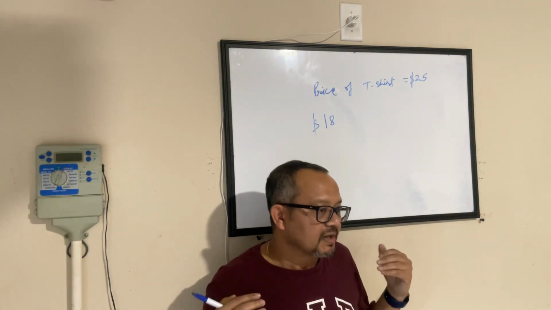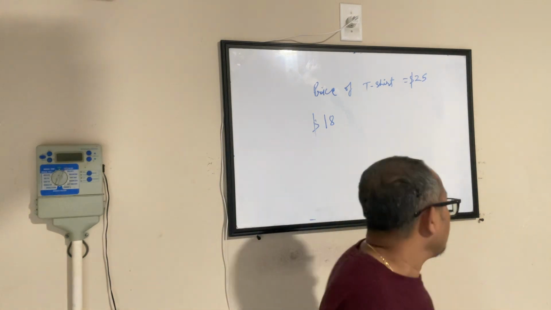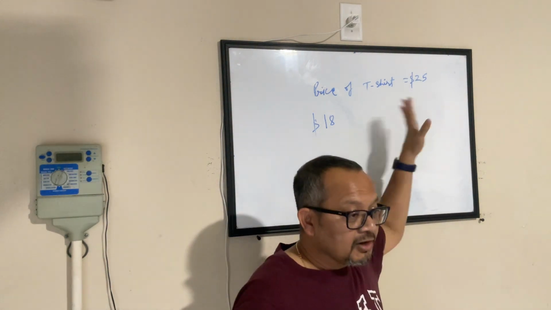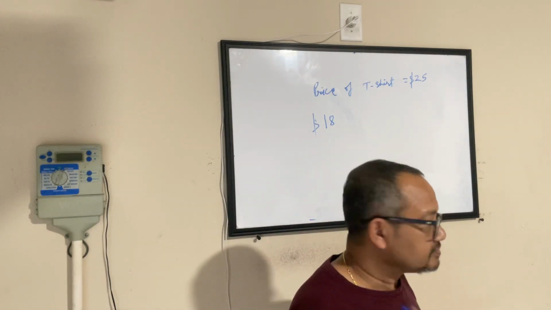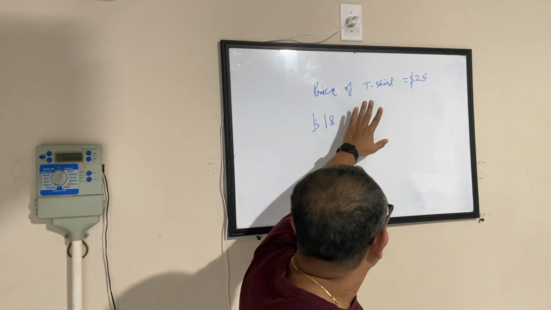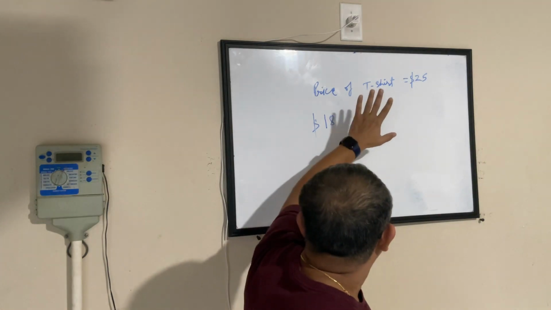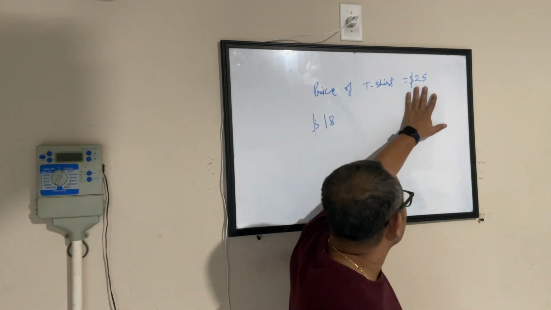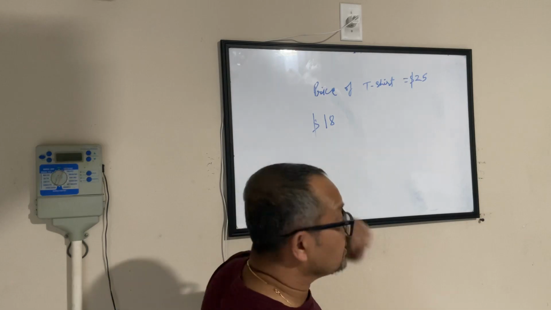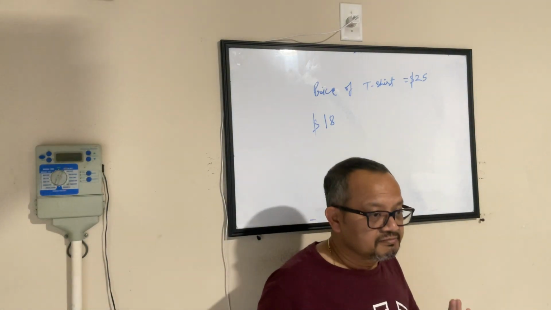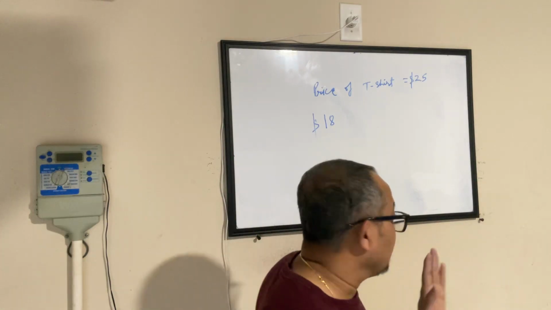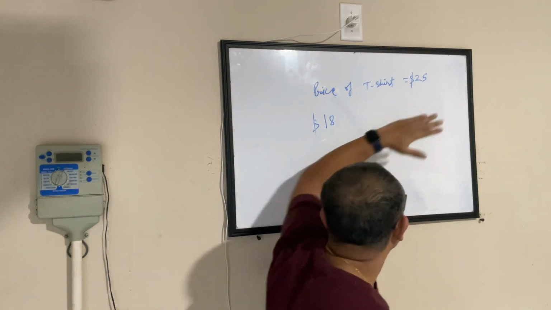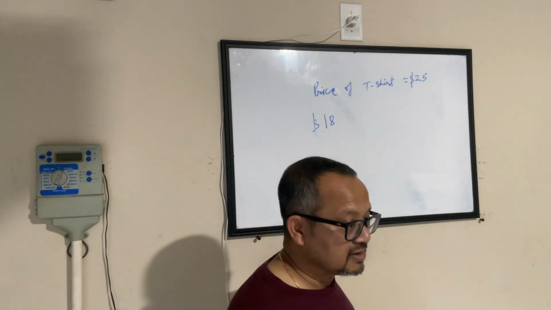Now, pay attention everybody. Now look at the most stupid way of solving this problem. I'm reading the question again. Price of the t-shirt was $25 and the cashier asked me to pay only 18. And again, I'm not talking about taxes and all, don't get confused. Because I was supposed to pay 25, I was asked to pay only 18.